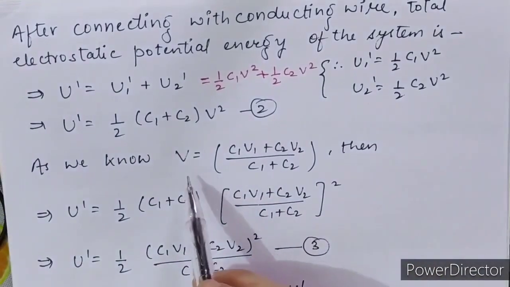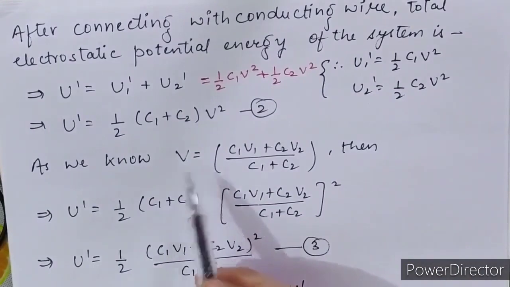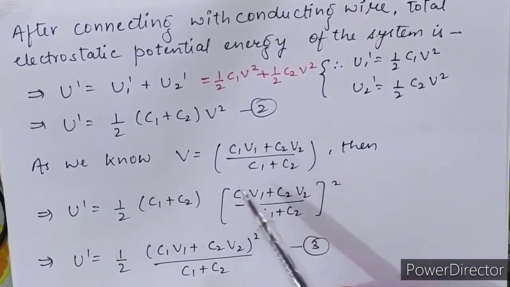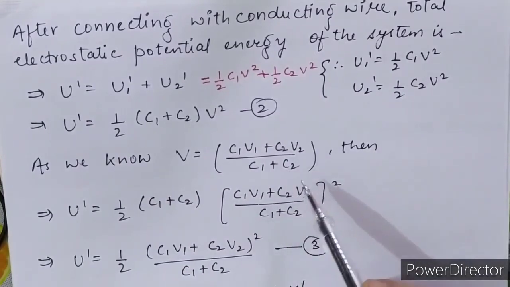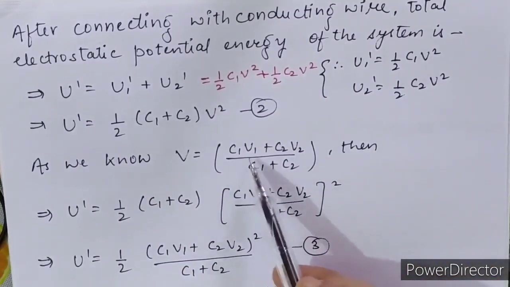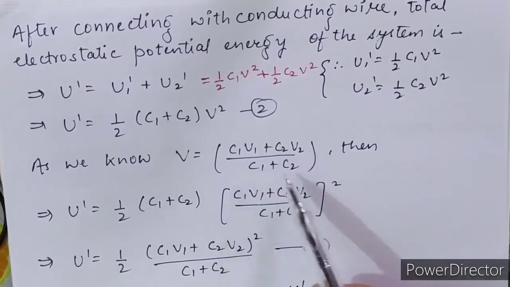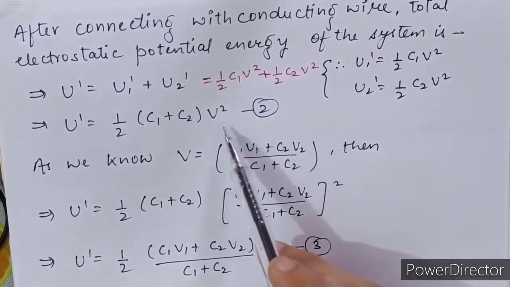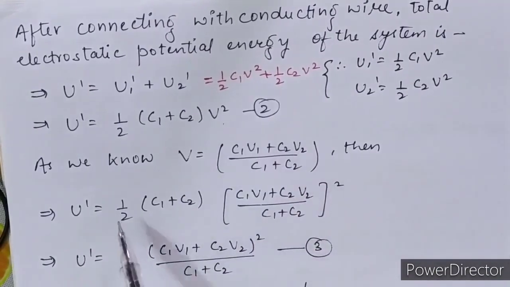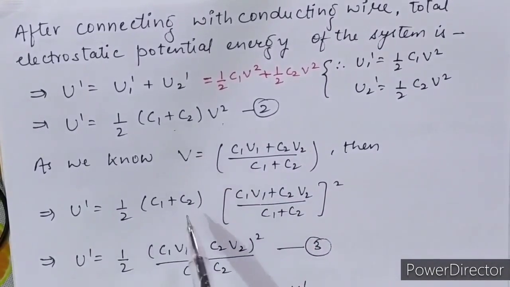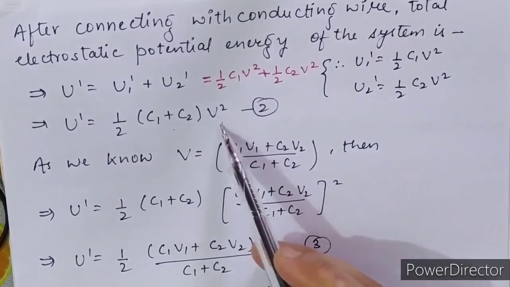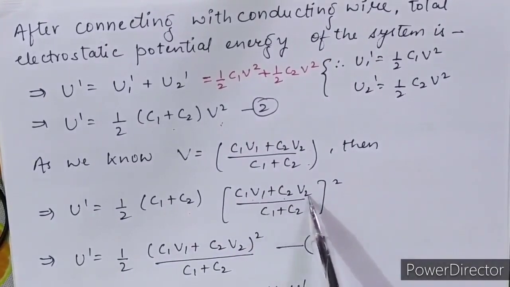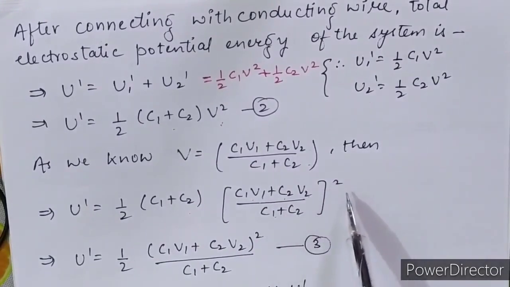We know the value of common potential from equation number 7 or 8. Just check it in the earlier part of the video or in the notes also. It is C1 V1 plus C2 V2 upon C1 plus C2. Put this value of potential in equation number 2. So half (C1 plus C2), in place of V square put (C1 V1 plus C2 V2) upon (C1 plus C2) whole square.